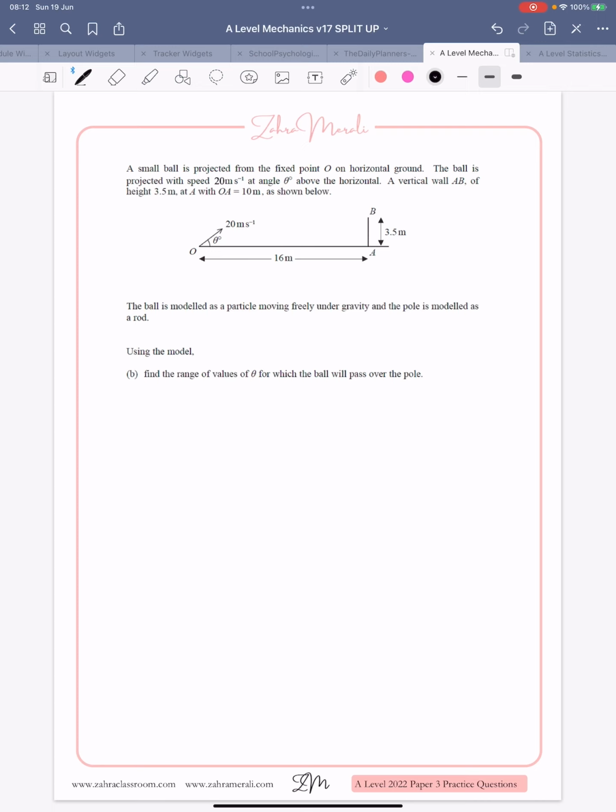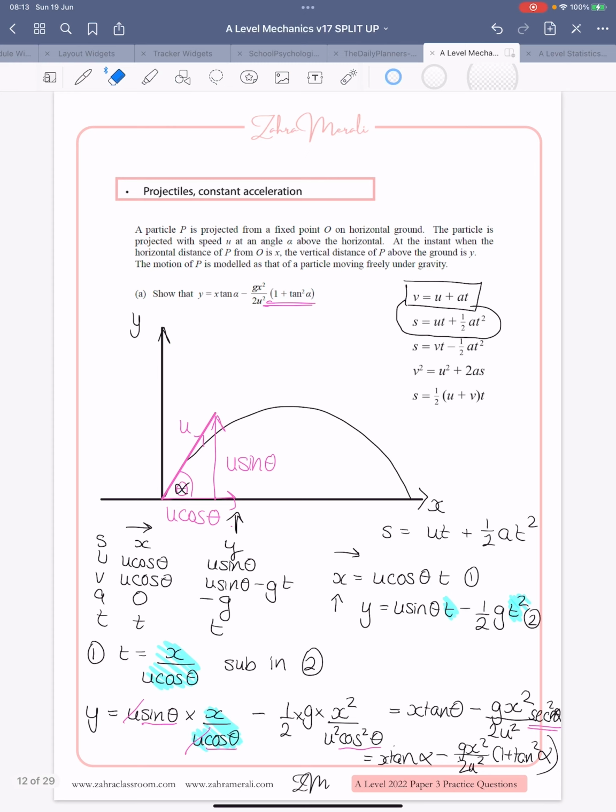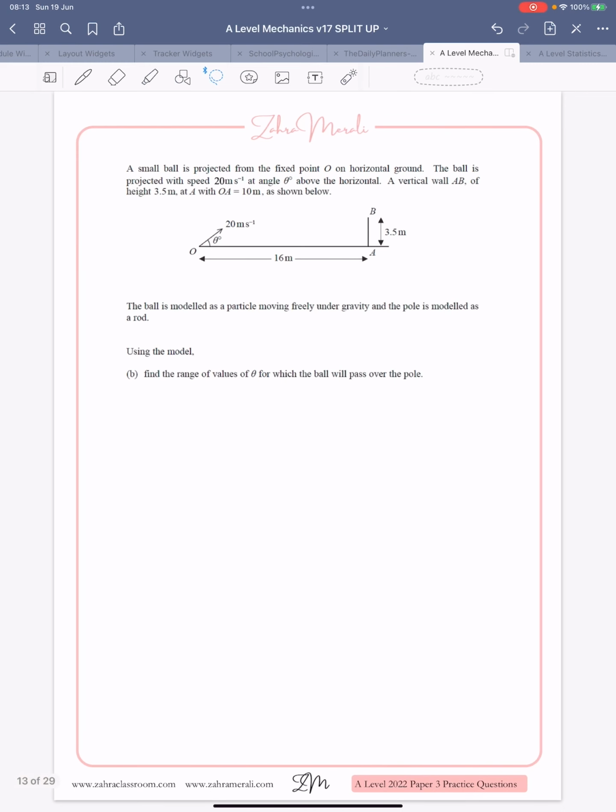So if I now take my diagram here, actually let's go back and grab our formula. So we're using the formula in the same form. I will just rewrite it, it's probably easier. So we're going to have y equals x tan alpha minus gx squared over 2u squared, 1 plus tan squared alpha.